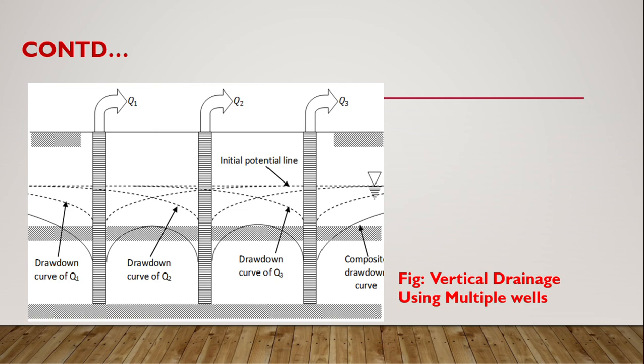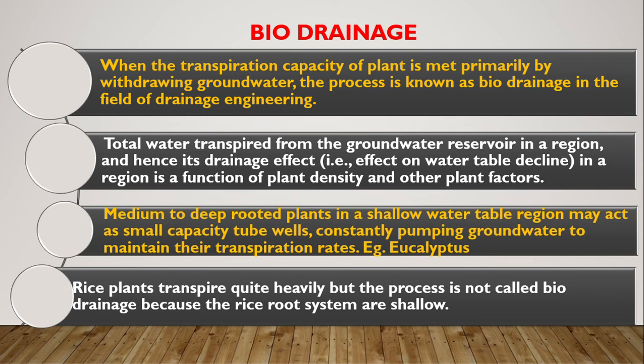Another special kind of drainage system is biodrainage. You all know what biodrainage is. It is drainage done by using plants or trees. Mainly eucalyptus trees are used, because some plants have the capacity to extract more water than required, or have the capacity to evapotranspirate more water. So it will extract more water from the root zone.